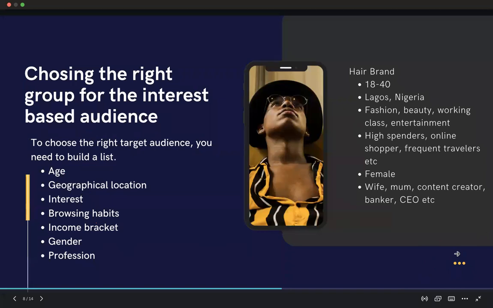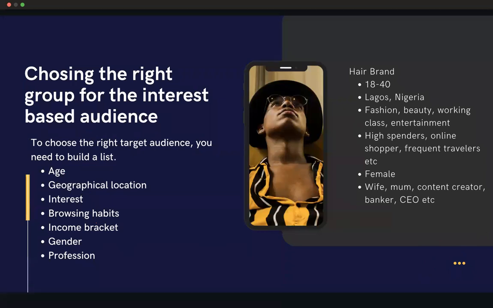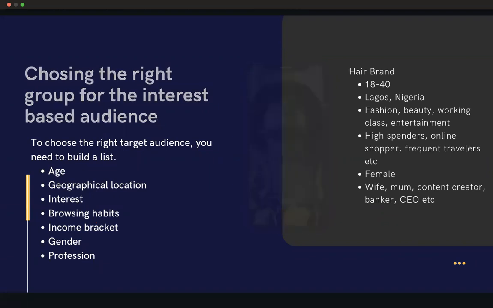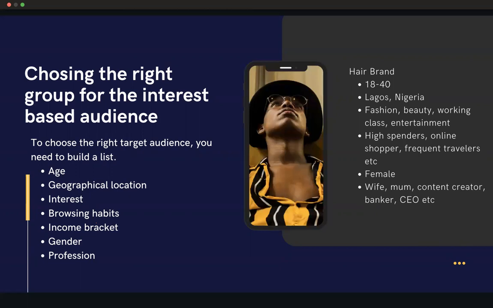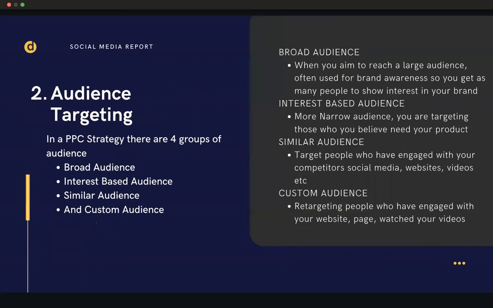So number one, we spoke about defining your goal. Number two, audience targeting. Under audience targeting, we spoke about four audience groups: broad audience, interest-based audience, which is detailed targeting, similar audience, and custom audience.